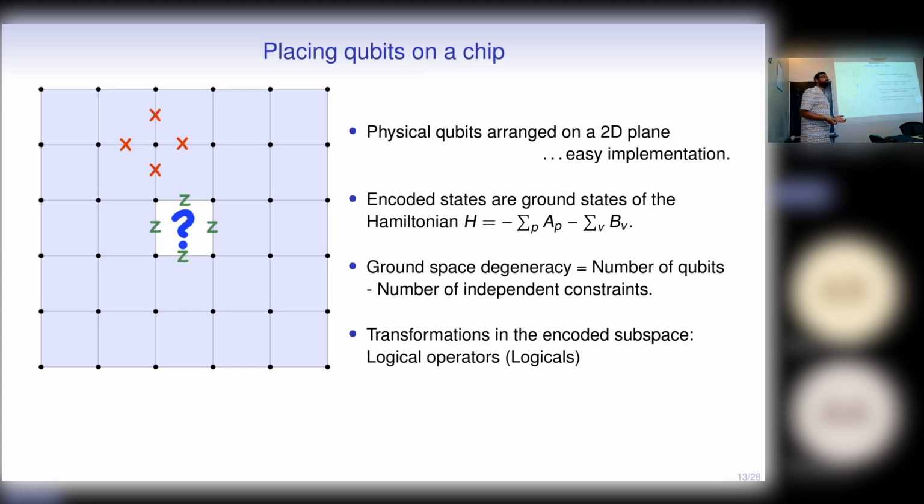Now what it does is if you apply it to your entangled state, it actually takes the 0 logical state to the 0 logical state, but the 1 logical state to -1 logical state. So it's acting like a Z in the encoded space. Okay. Likewise, if you take this X, it's acting like an X in the encoded space.